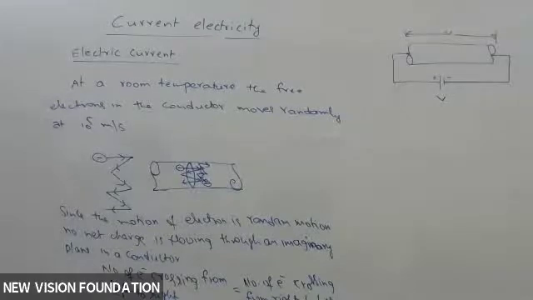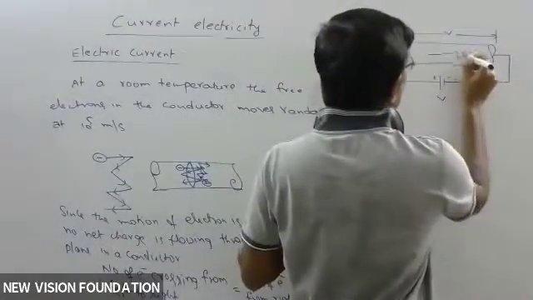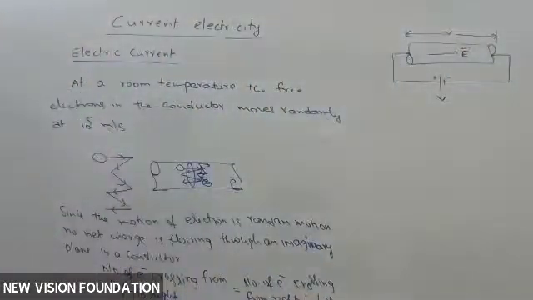So when a constant potential difference is applied between the ends of the conductor, as shown in the figure, an electric field is produced inside the conductor.